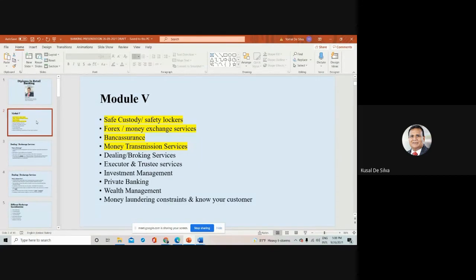That is money laundering constraints, and know your customer will help you to stop leakages out of your channel. If you are found guilty of allowing your system to be used for money laundering, you are subject to a heavy penalty. Then your profits will drain out. So this will help you to put the system in place and safeguard your reputation as well as your profitability. So these are very simple things.